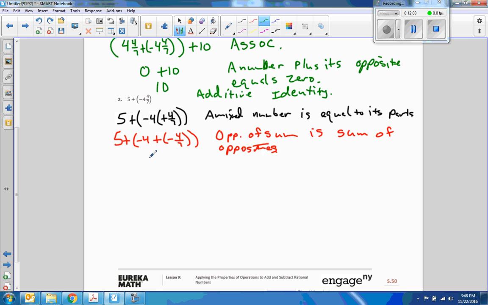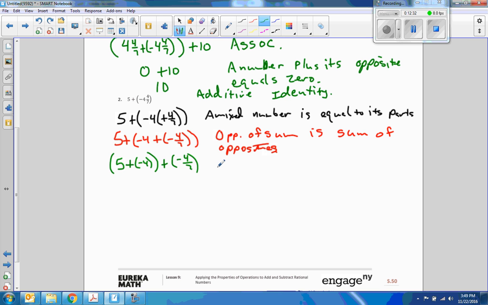Okay, now we're going to regroup. We're going to put the integers together. So I'm going to put parentheses here. Those are grouped together. I'm just moving this big parenthesis over to the 5 and the 4.